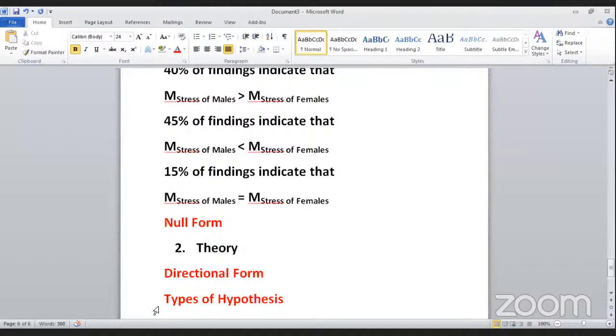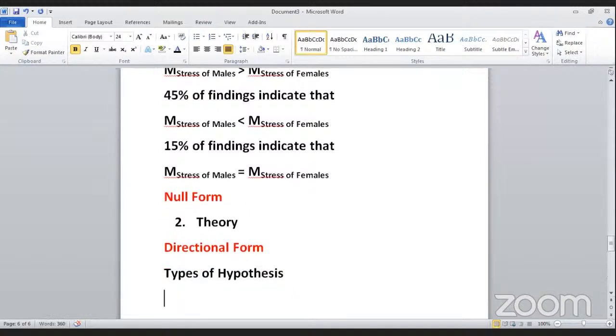And I am giving the types. Okay. Now, for the types of hypothesis, let us take an objective. Suppose I'm taking one objective, and you know the objective must be such that I have some statistics in it.